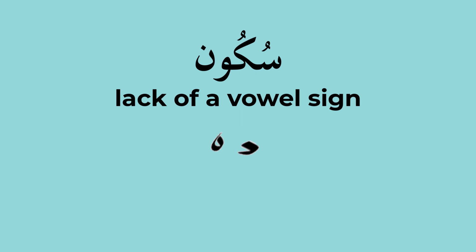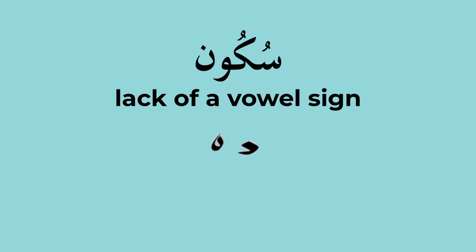But I prefer the tiny circle because it's better when you want to understand properly. Okay. Now, Sukoon is not a vowel sign. What is Sukoon then? Sukoon tells me that there is no vowel sign on the Arabic letter.